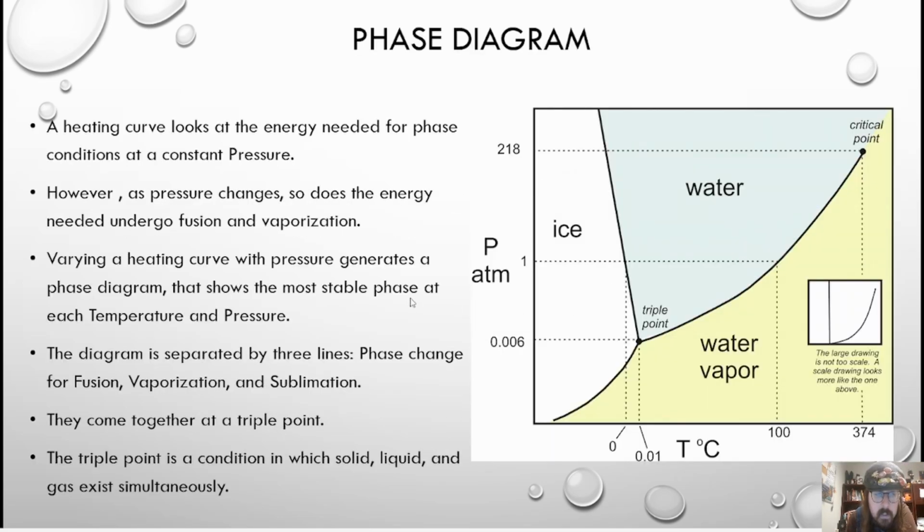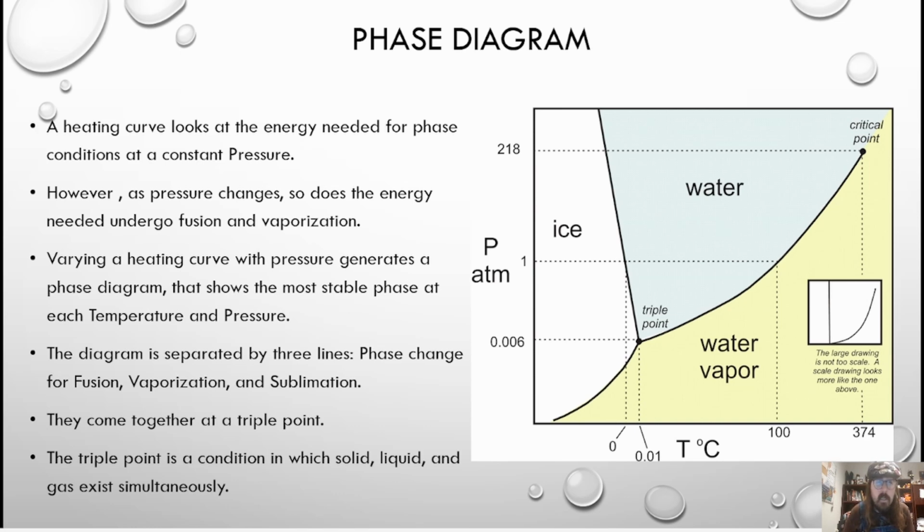Now the last thing I have is a phase diagram. A phase diagram is a diagram that looks at the effect of vapor pressure versus temperature.